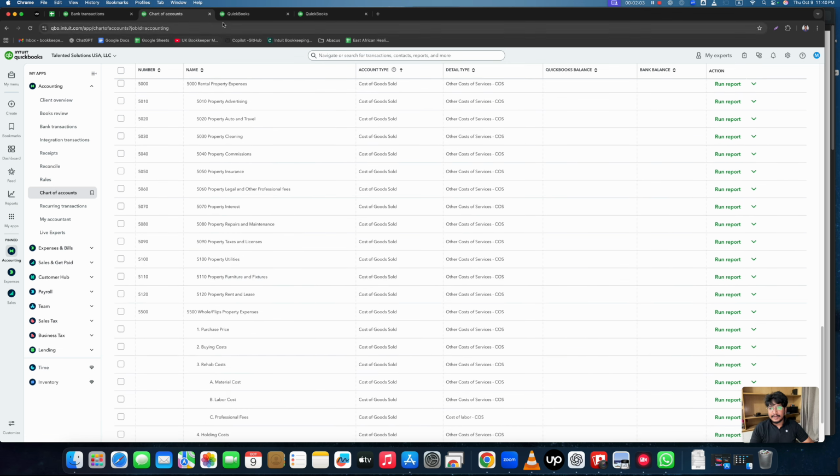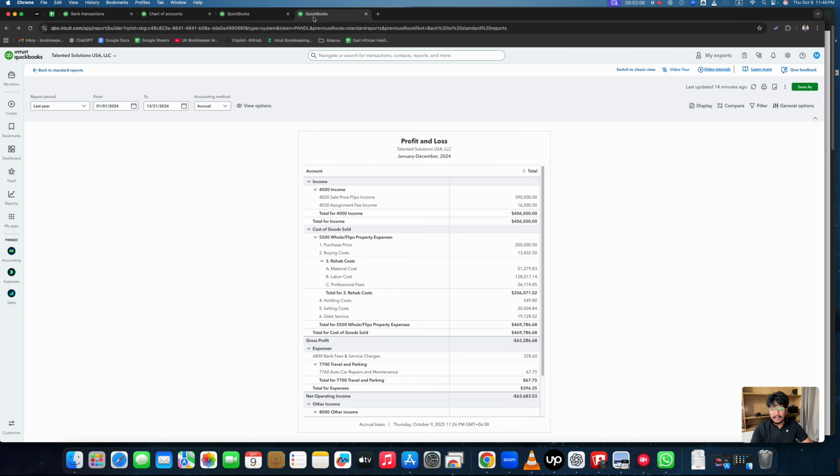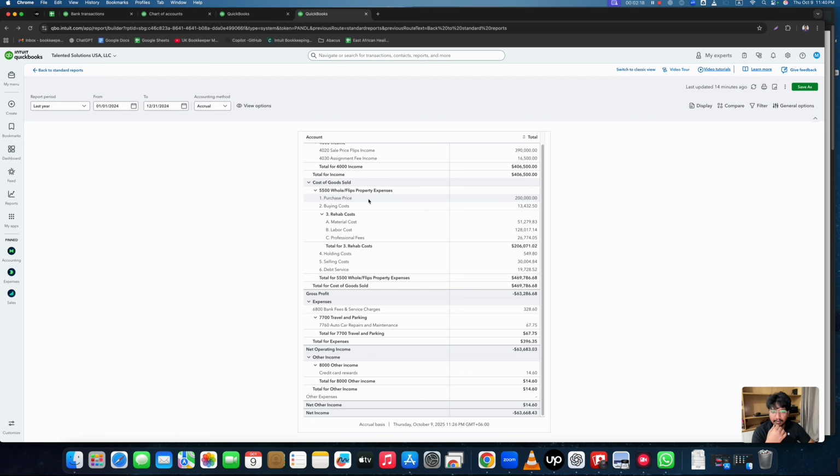So after categorizing all the transactions, this is the result that will show in the financial report: this property was sold for $390,000, and the property was purchased for $200,000, and the buying cost is $30,000, and for the renovation, there was material cost, labor cost, professional fees, holding cost, and debt service.